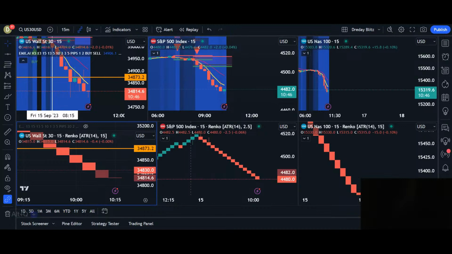Okay, so that means that the Renko bar needs to go up and the opposite way, basically, to be able to close my trade. So as of now, the Renko bars are still showing bearish. So I would still be in that trade currently.